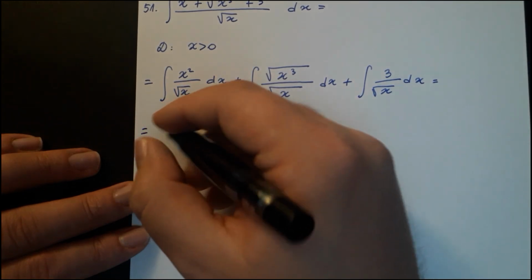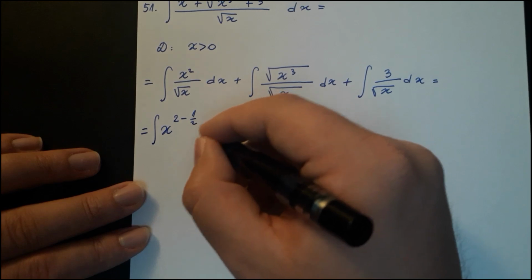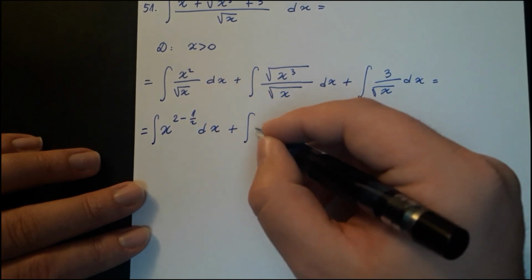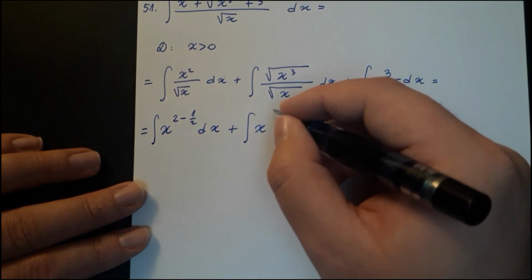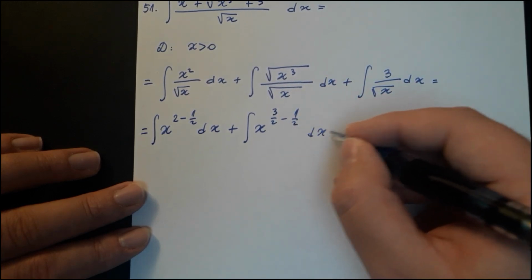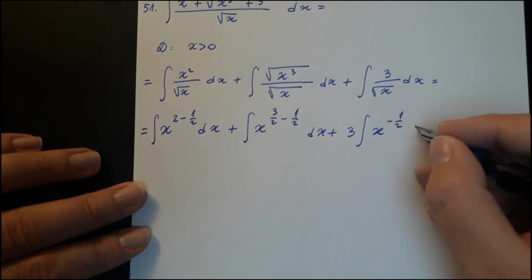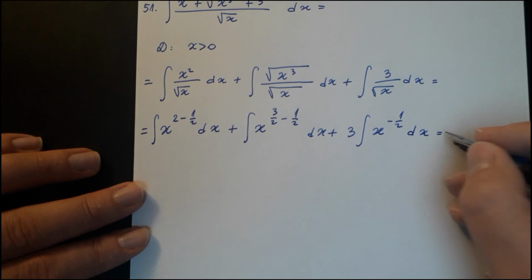This is then equal to an integral of x to the power 2 minus 1/2 dx plus an integral of x to the power 3/2 minus 1/2 dx plus 3 integrals of x to the power negative 1/2 dx.